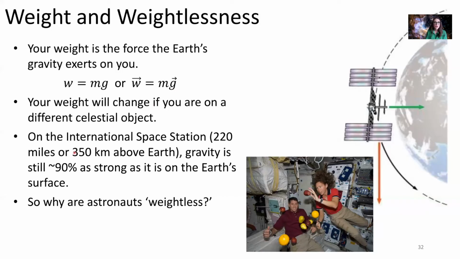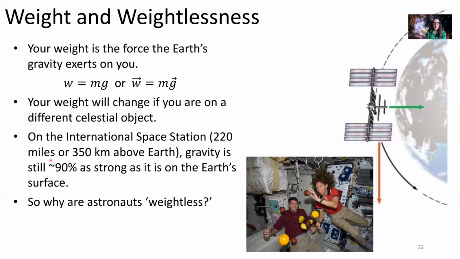Okay, so let's talk about why astronauts then feel weightless, or why we always see astronauts and people in space floating around. Well, if we're thinking about the distance above our Earth where the International Space Station is, or where the space shuttle used to orbit, that distance is actually really close to us.